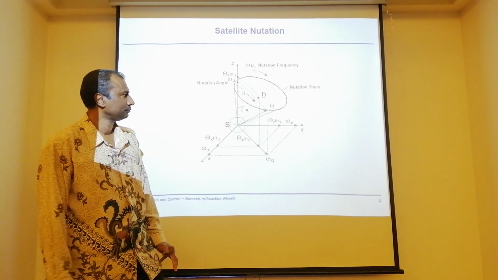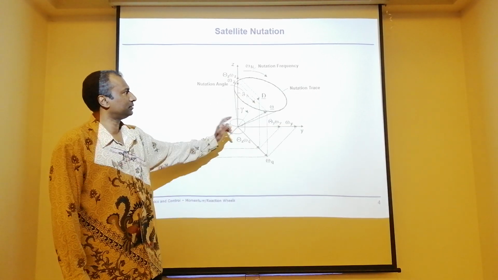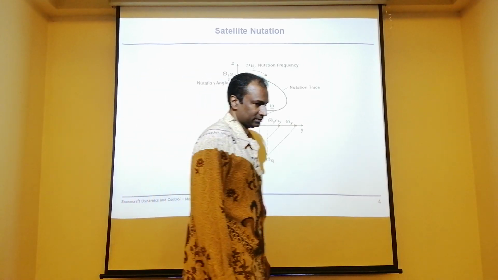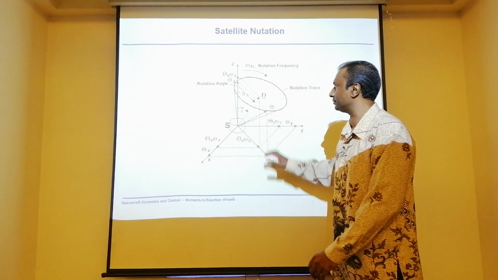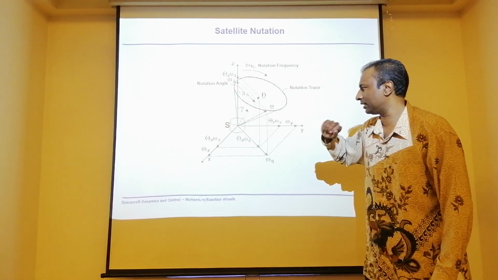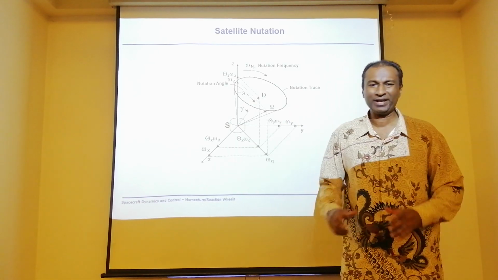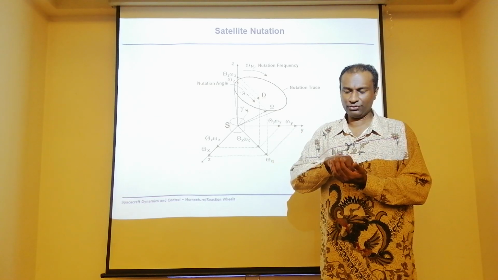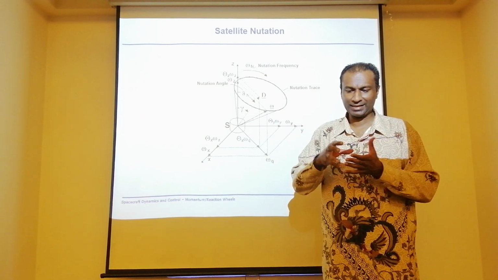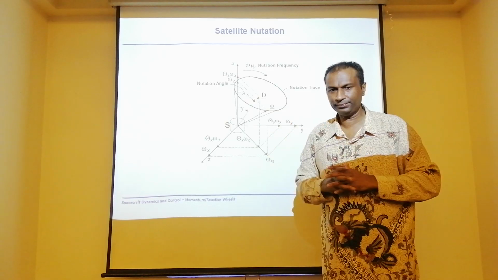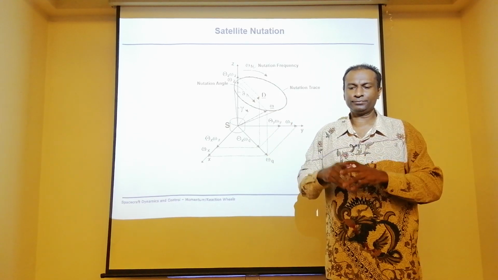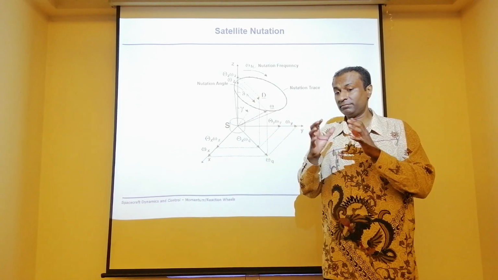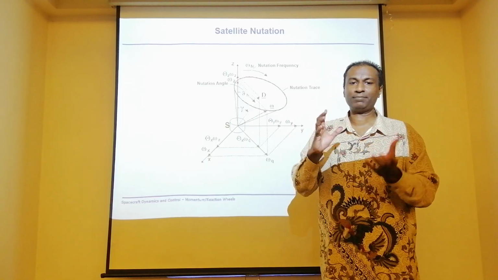Fine. Okay, now this is just the explanation: nutation. Why does nutation happen? More often than not, after the satellite has been injected into orbit, it takes some time before it can stabilize.